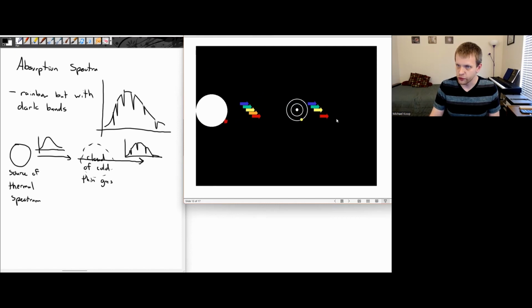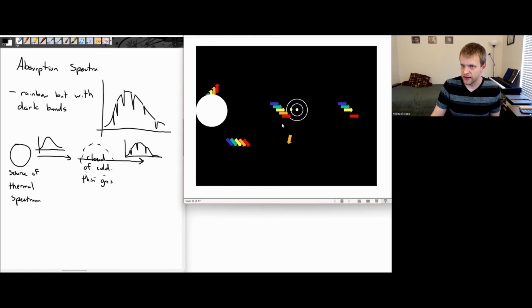So if we're looking through that cold cloud, we see this absorption spectrum where that band of color is missing. On the other hand, if we're looking over here, in the direction that the missing band of color was sent off in, that's going to be our emission spectrum.